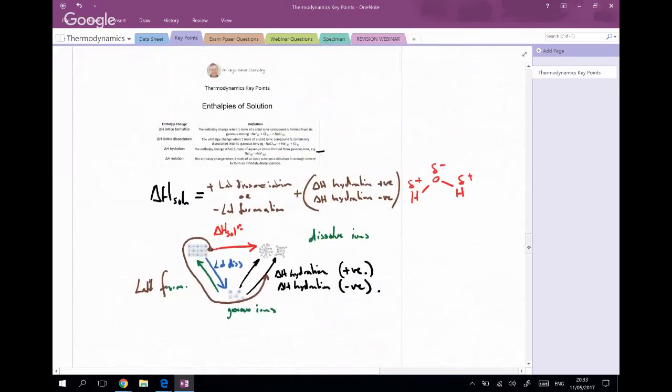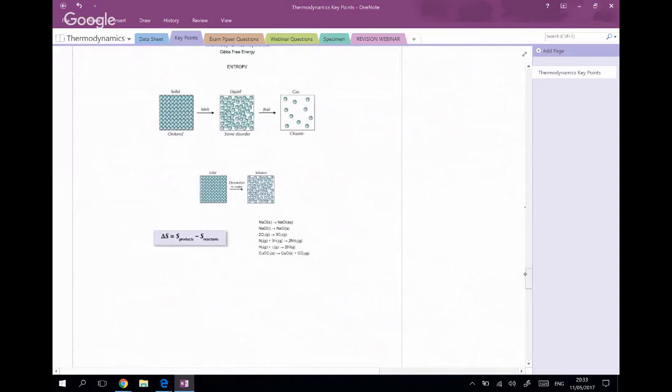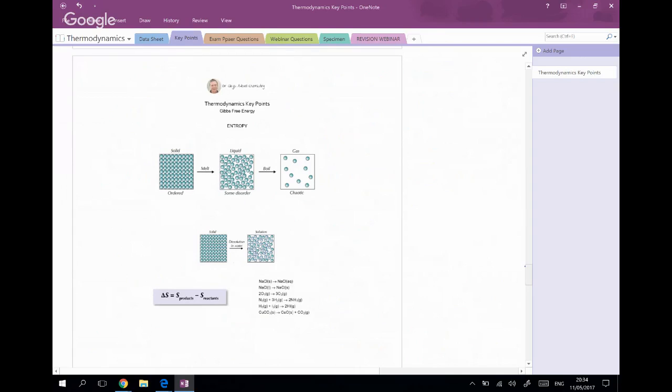This evening, we're going to polish off by looking at entropy and Gibbs free energy, which is in the general topic area of thermodynamics. So you're absolutely right, we have looked at the general bit on thermodynamics.